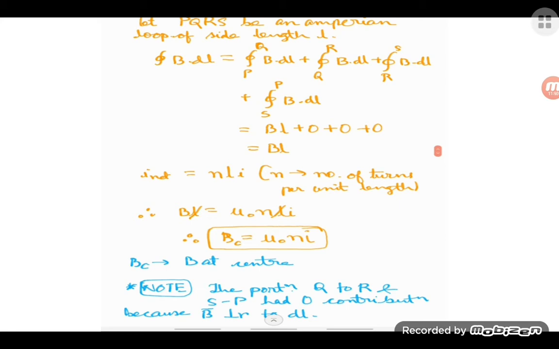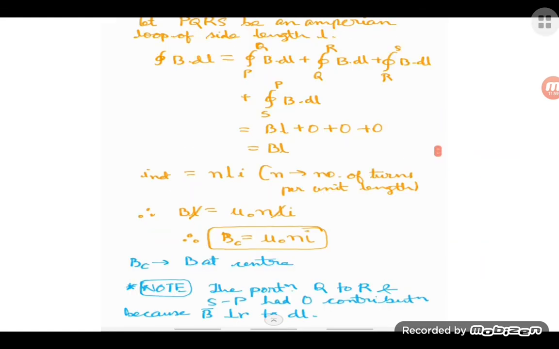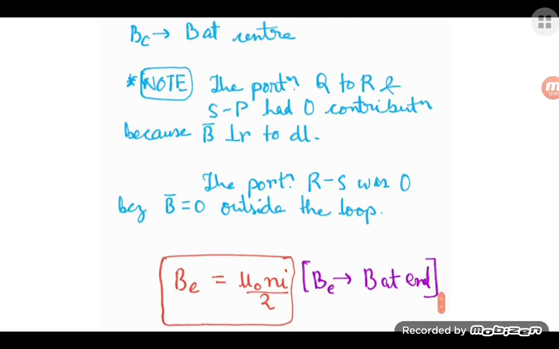And remember, this is the magnetic field right at the center of the solenoid. Now note, the portions Q to R and S to P had 0 contribution because the magnetic field is perpendicular to dl, and the portion R to S was 0 because the magnetic field was 0 outside, as I have told.